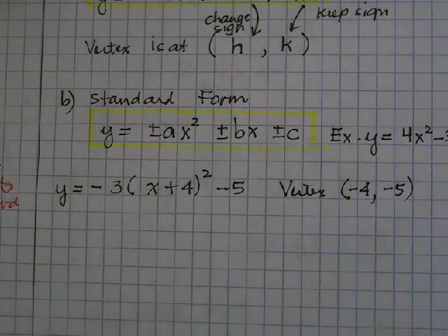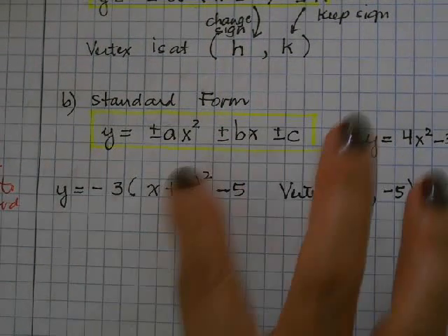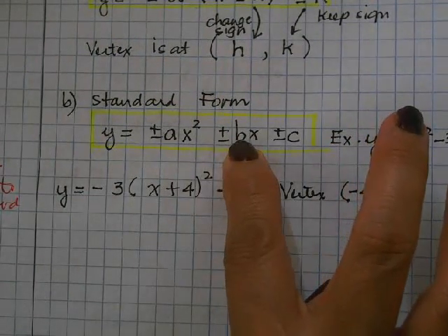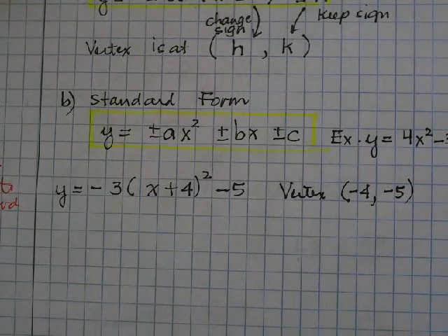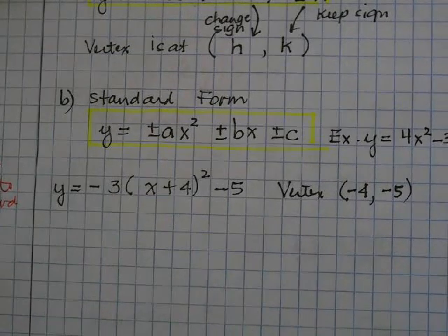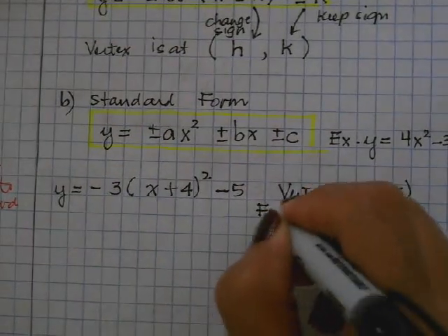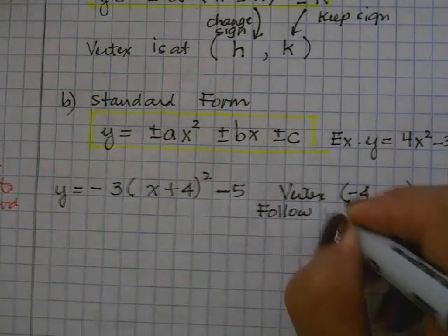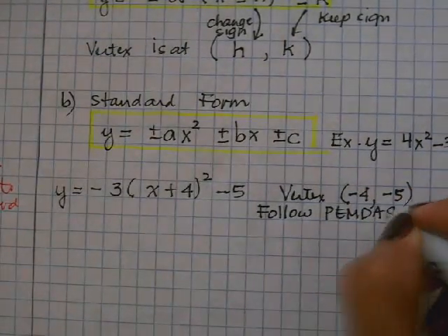So what are the steps to make it look like this? There's no parenthesis here, so we have to remove that. What you do is you just follow PEMDAS, the order of operations.